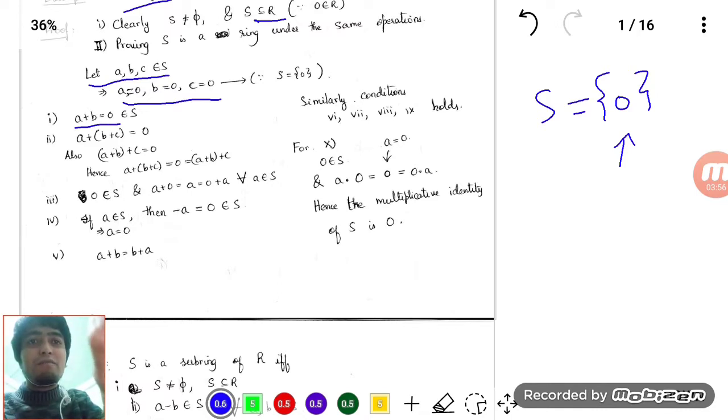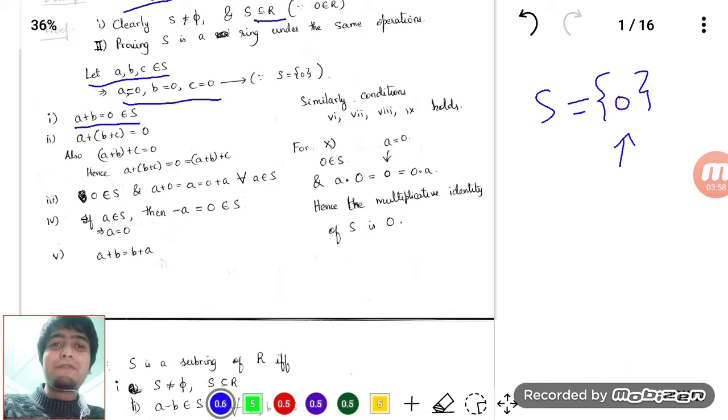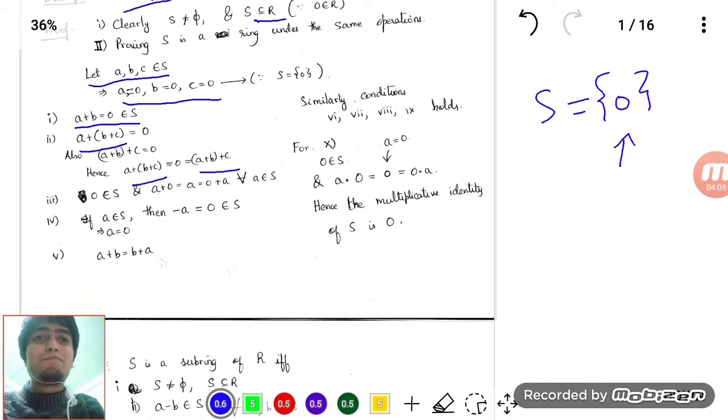Condition 1: A plus B, both of them are 0, so it will belong to S. We also have A plus B plus C, which will be equal to A plus B plus C, because all of them are equal to 0. 0 is already there, so the additive identity, of course, belongs to the subring.